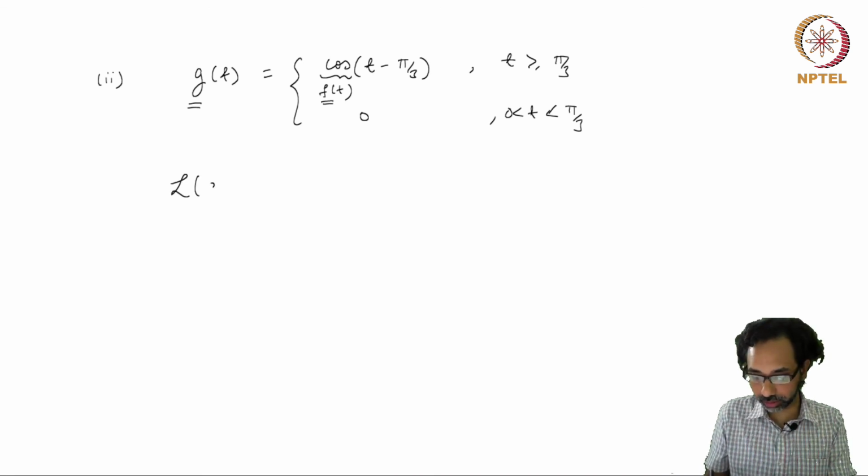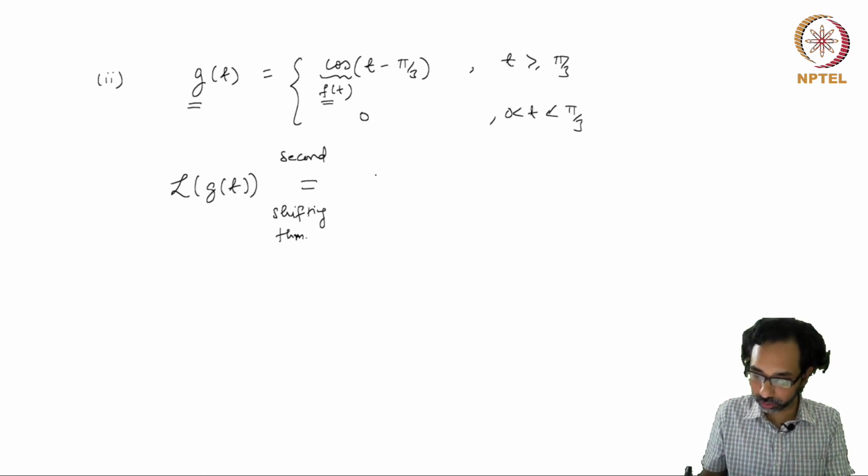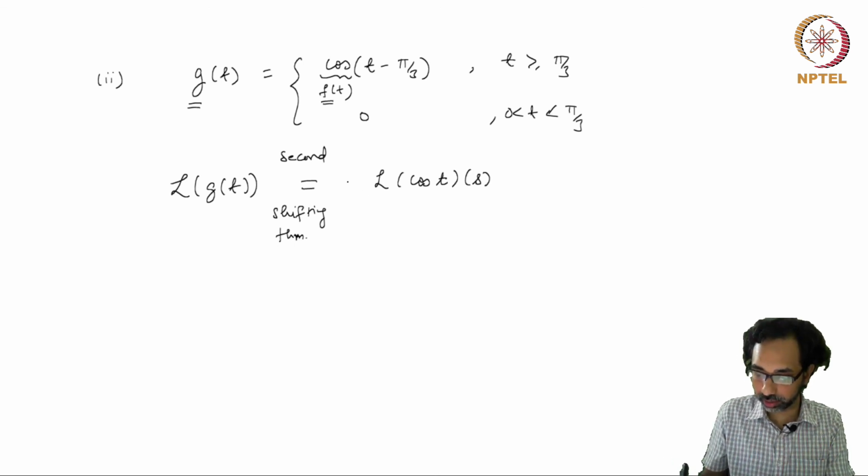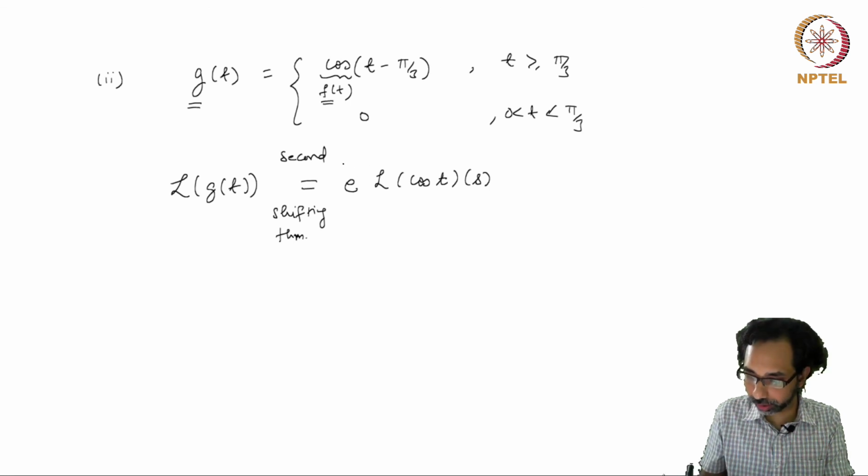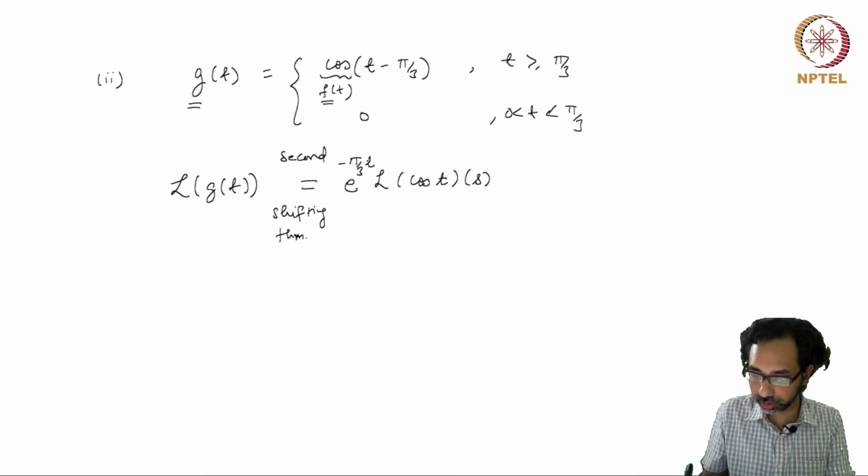So the Laplace transform of g(t) is, by the second shifting theorem, or second shifting property, given by the Laplace transform of cos t evaluated at s, and you have to multiply by e to the power minus pi by 3 times s.